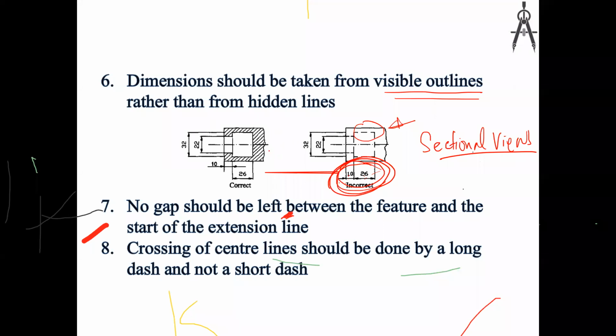These are called sectional views. In sectional views only visible lines will be drawn, not any hidden lines.